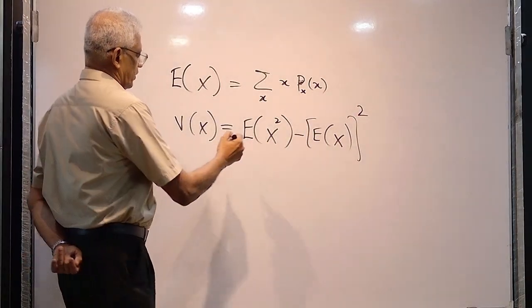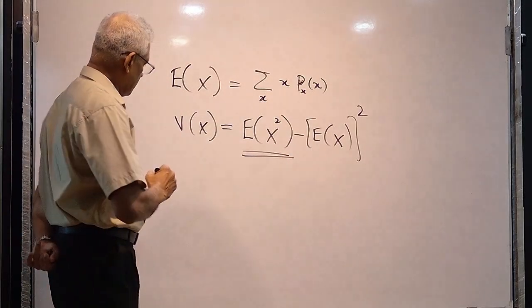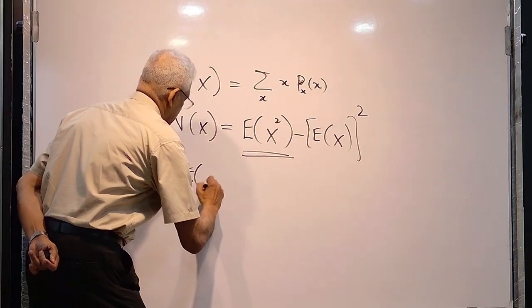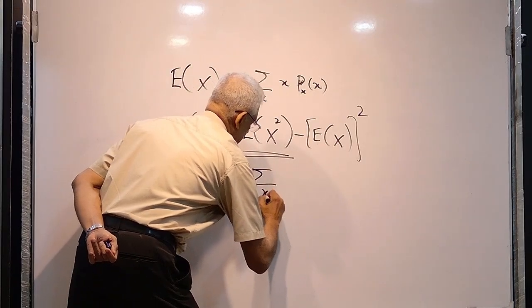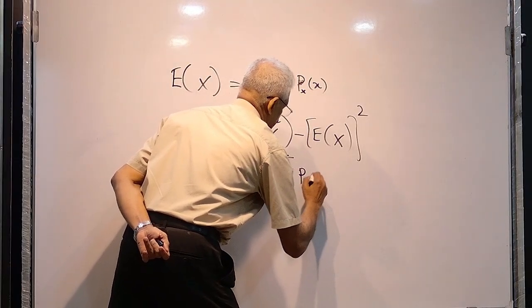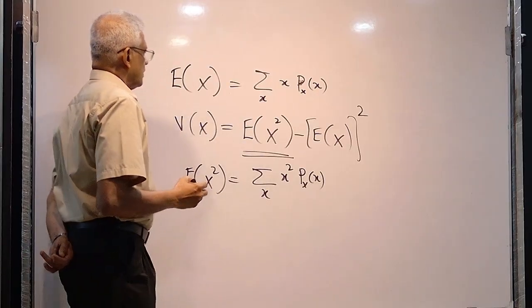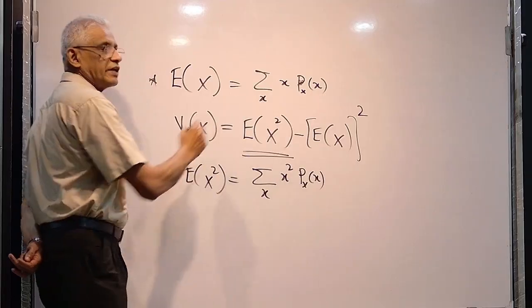Right. So in order to get the variance of x, you need the expected value of x square. Expected value of x square will be summation over all possible x's, x square times p(x). Right. So you need to get this one and these two to get the variance.